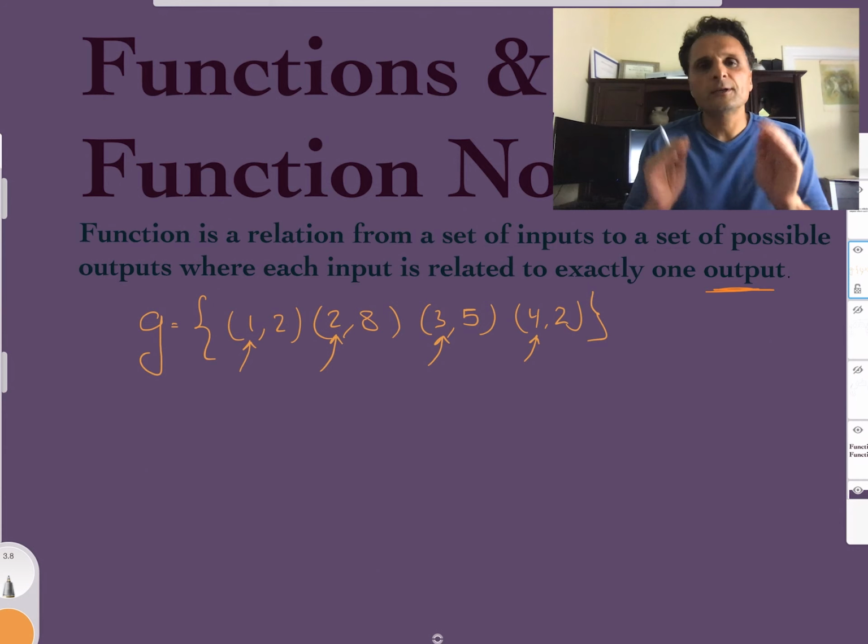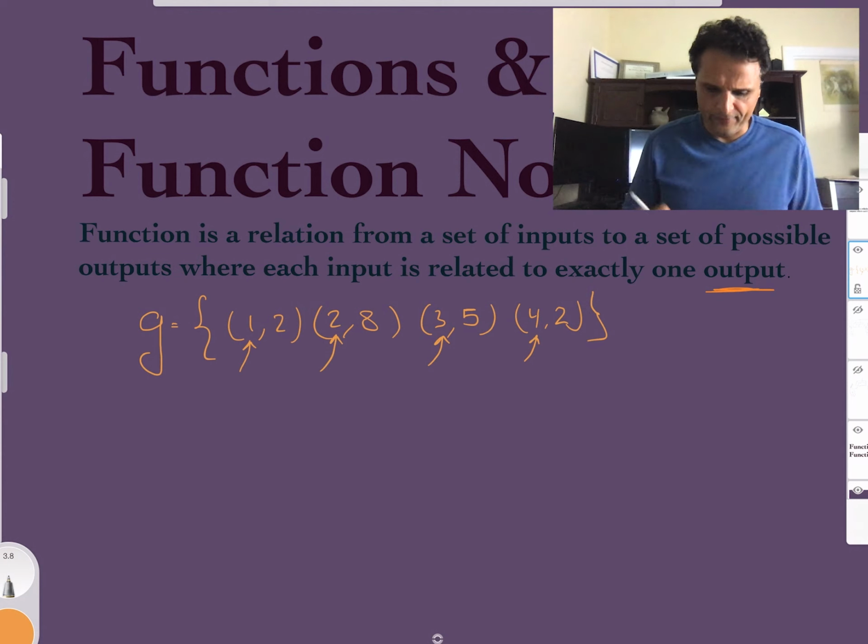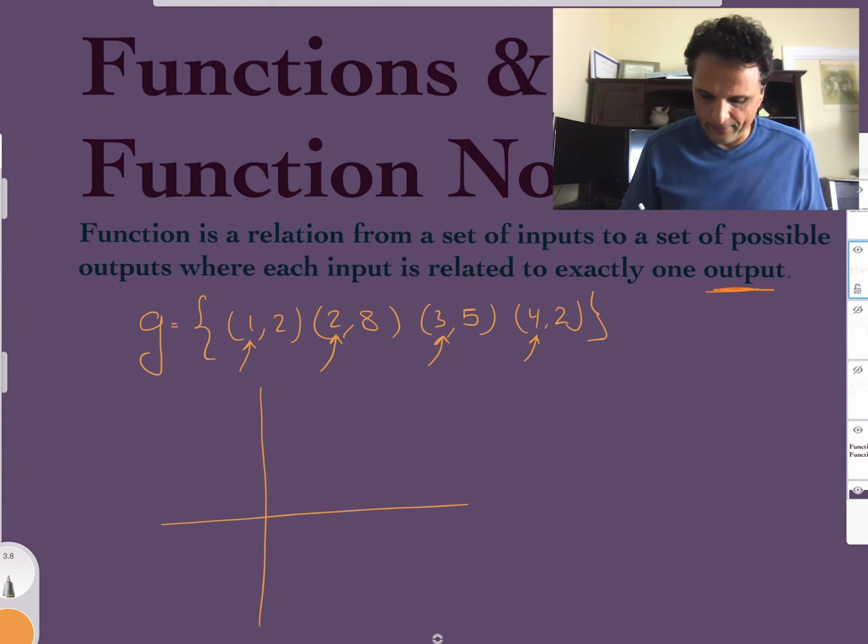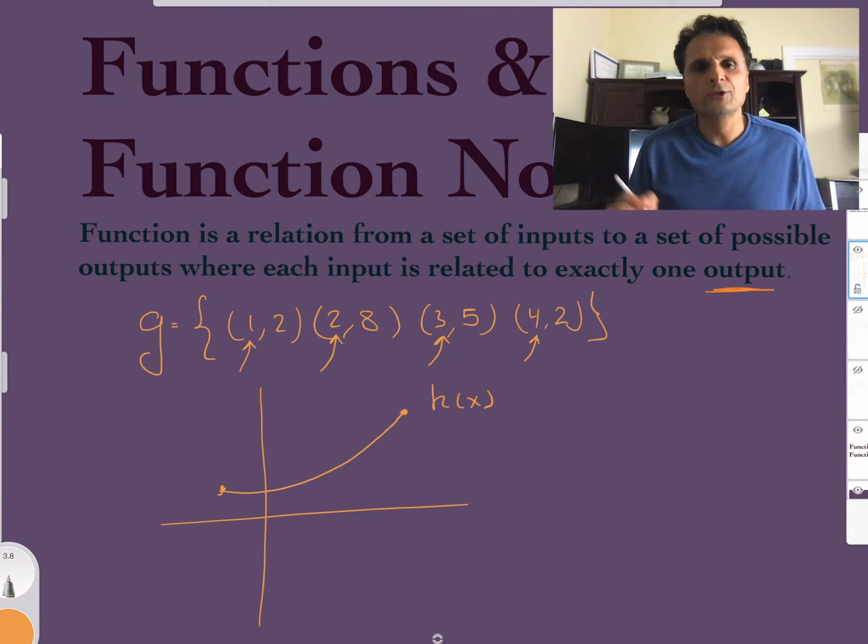But instead of giving a set of points, I can give you guys a graph like this. So I'm calling this graph h of x.